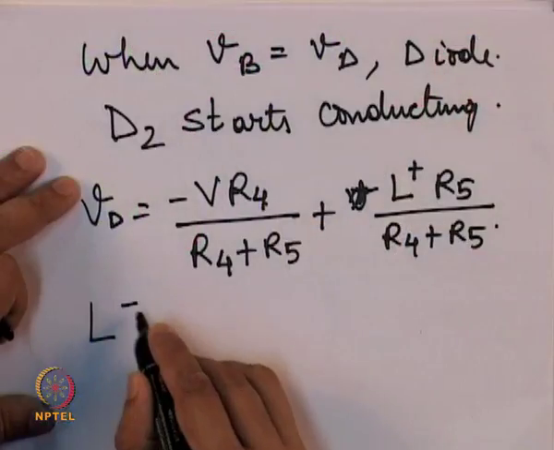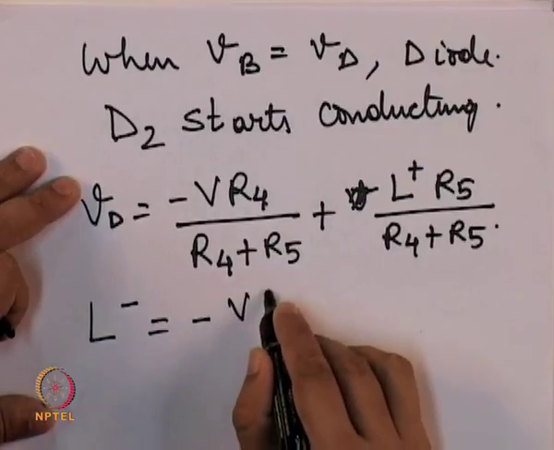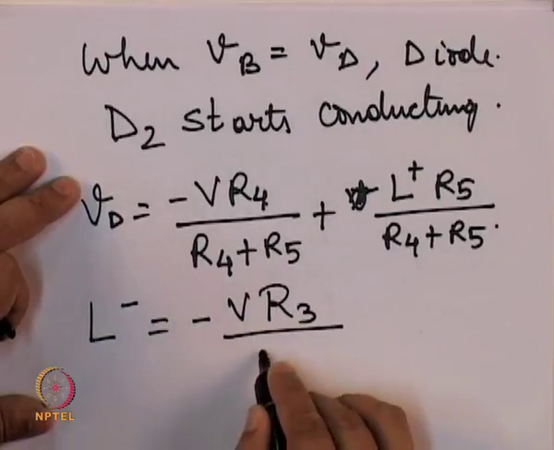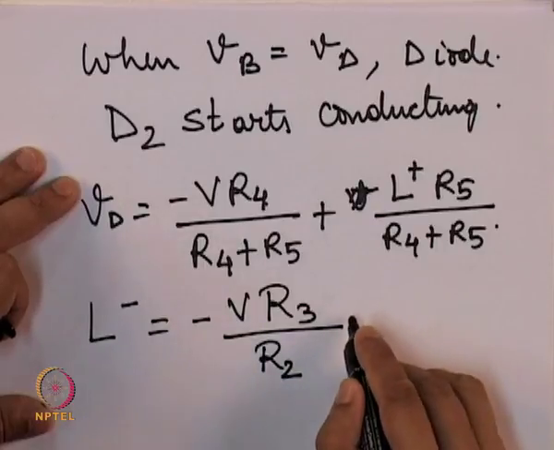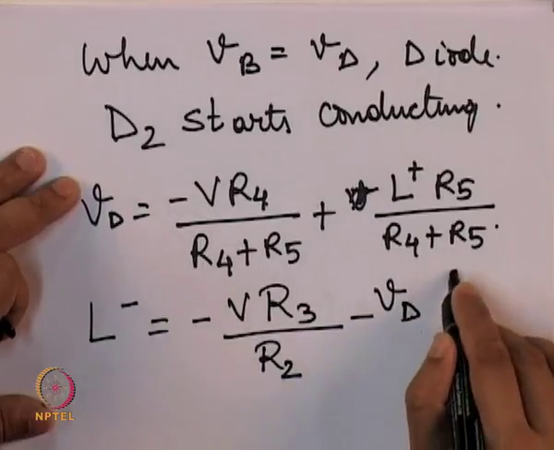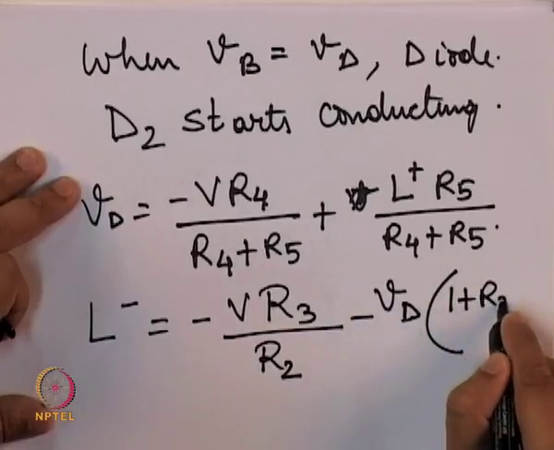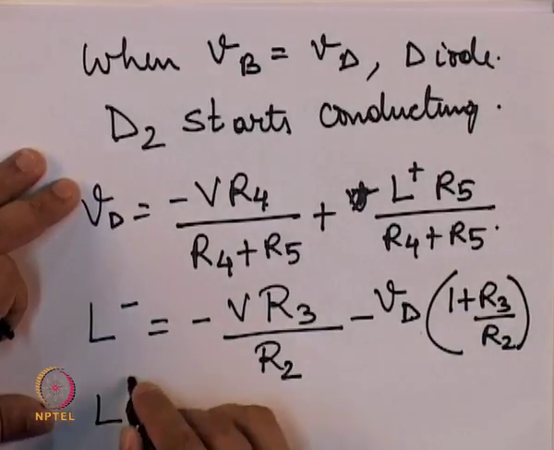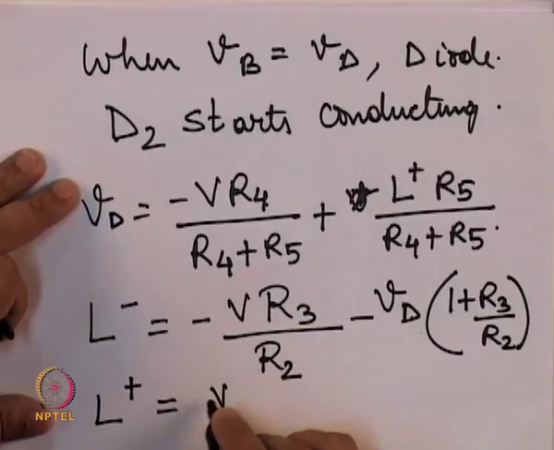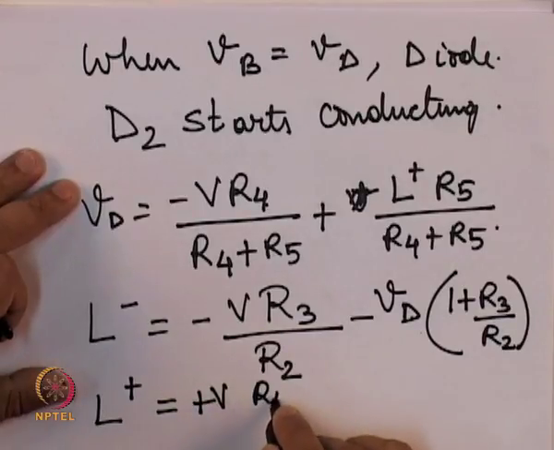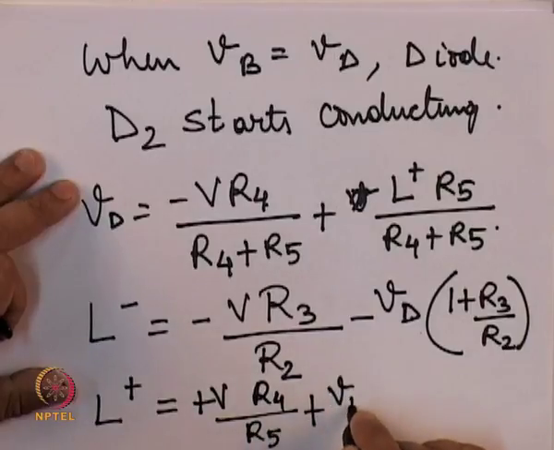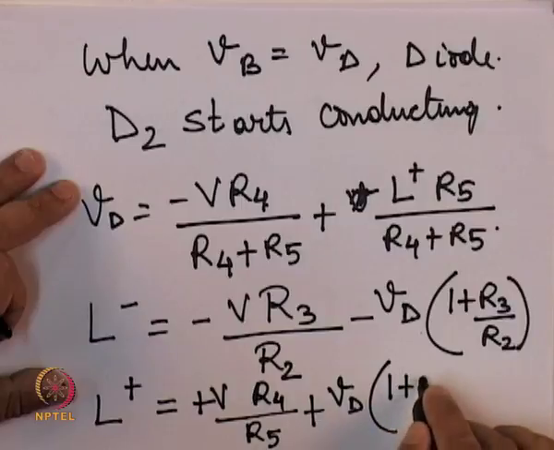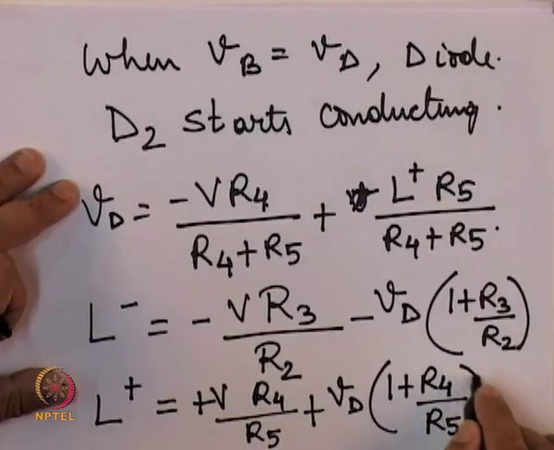L minus is given as minus V R3 upon R2 minus Vd times 1 plus R3 upon R2, and L plus is given as plus V R4 upon R5 plus Vd times 1 plus R4 upon R5.